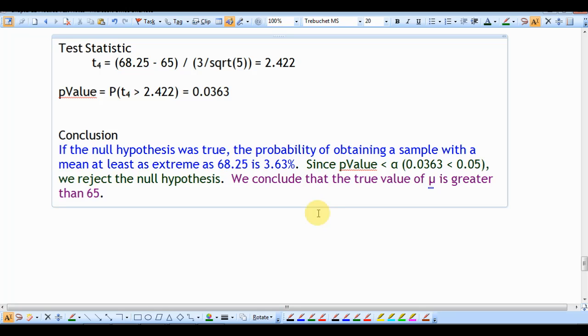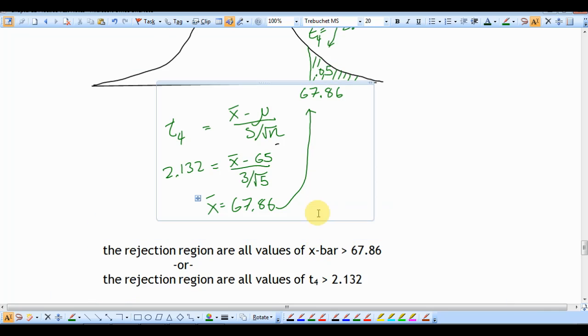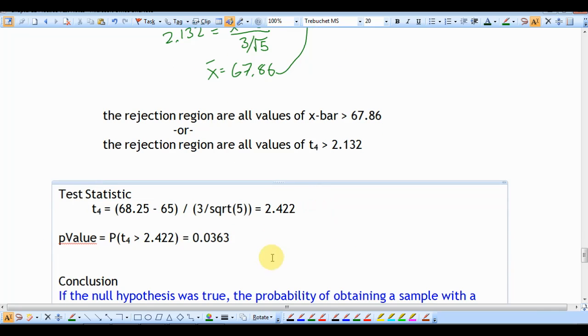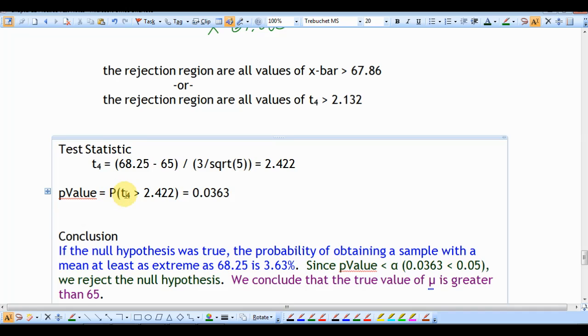I'm kind of lost on how to find the p-value, or just do a one-tail test. Well, take a look at what we have here. Our alternative hypothesis was mu greater than the number, right?